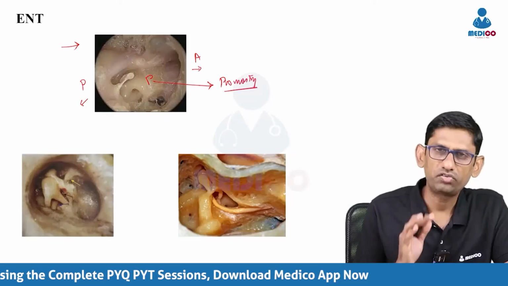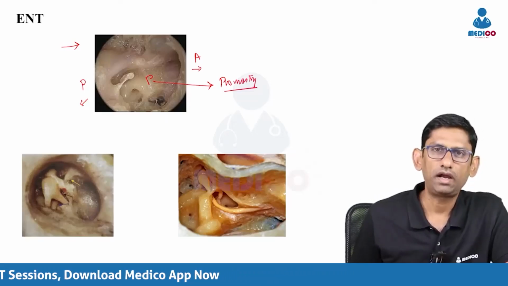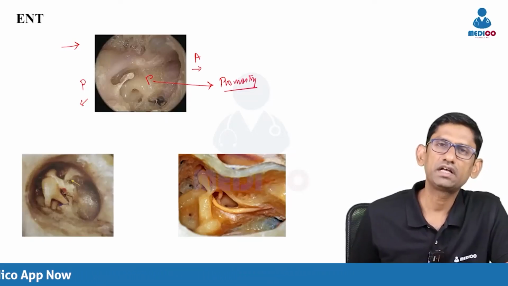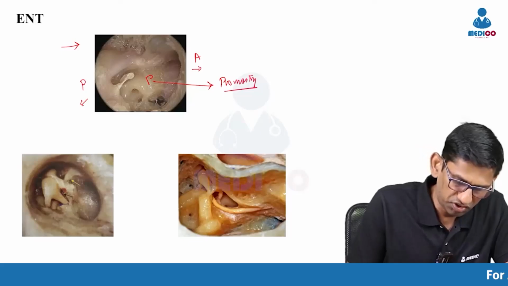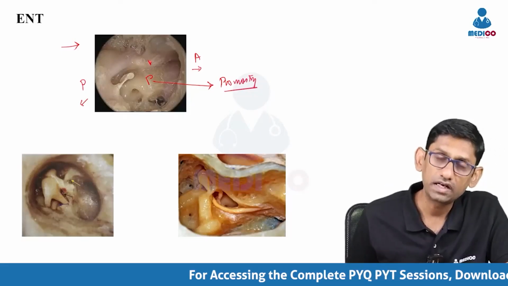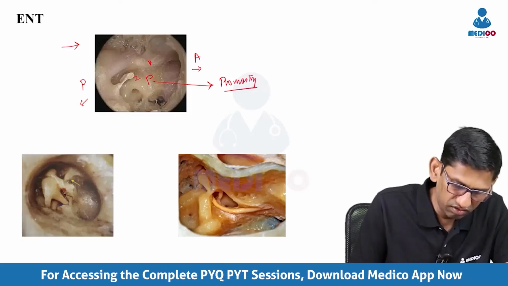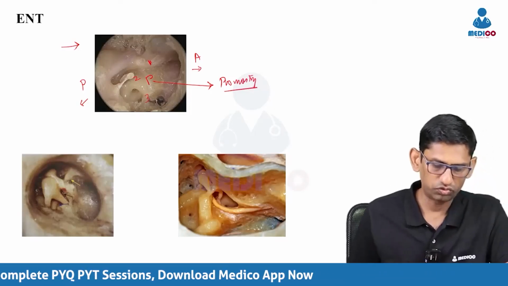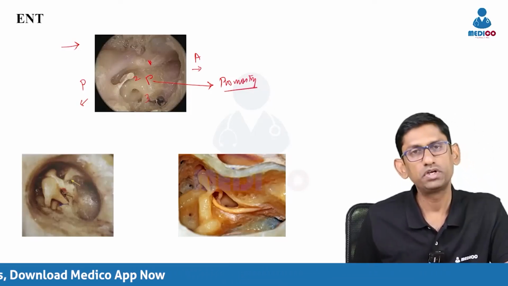And three important structures you need to remember around this promontory: first, a bony projection antero-superiorly, and second and third, the windows, postero-superiorly and postero-inferiorly.